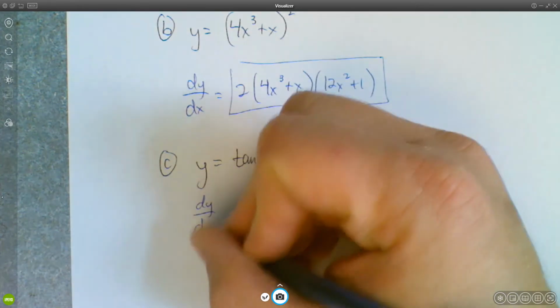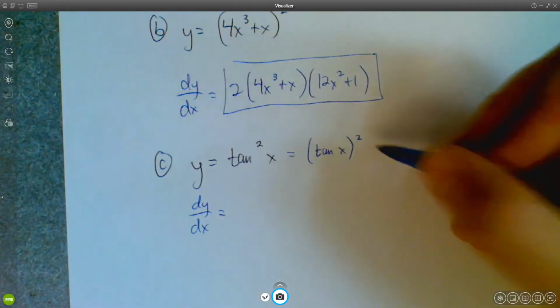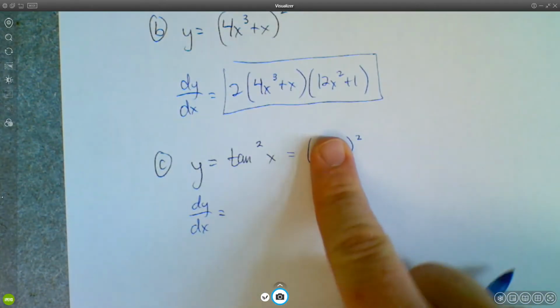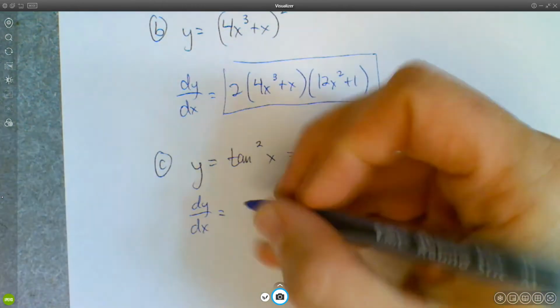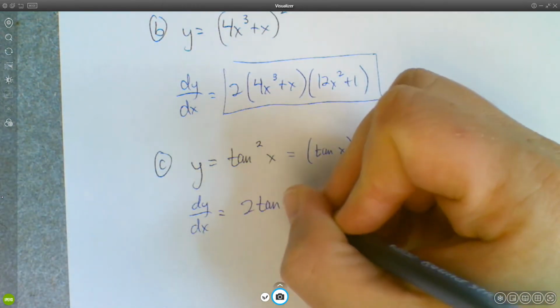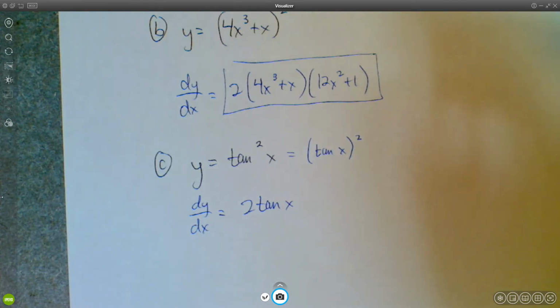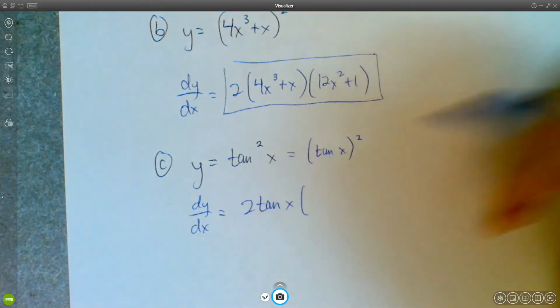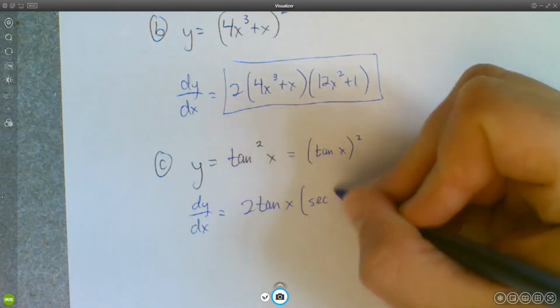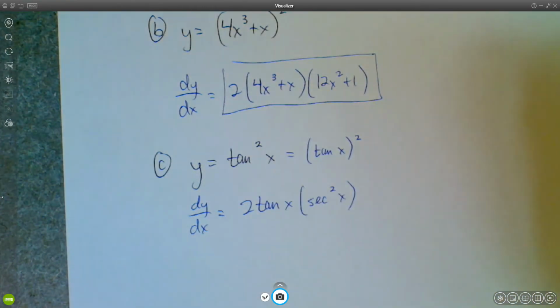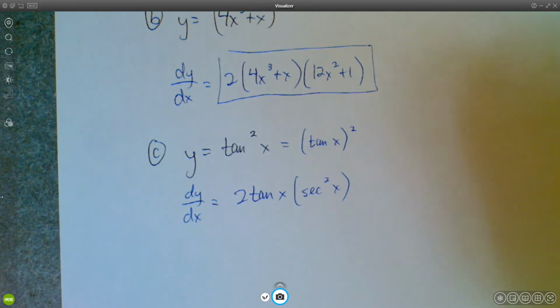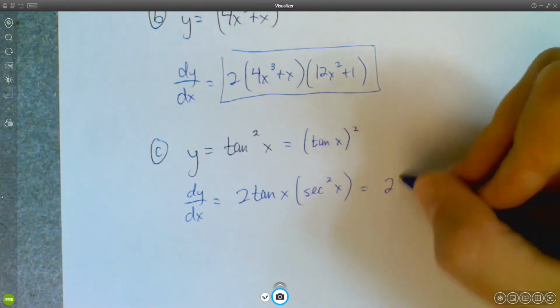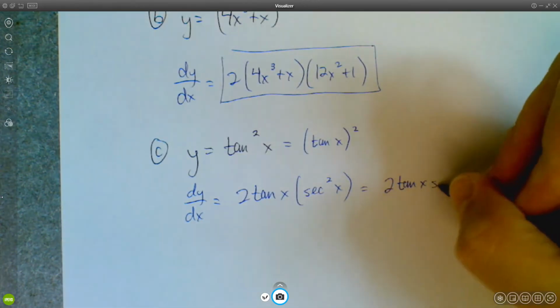So dy/dx is going to be the derivative of the outer function, so that's going to be 2x times the derivative of the inner function. So what's the derivative of tangent x? It's secant squared. So 2 tangent x secant squared x.